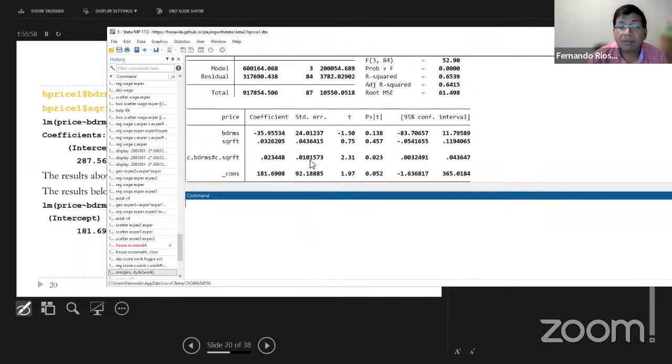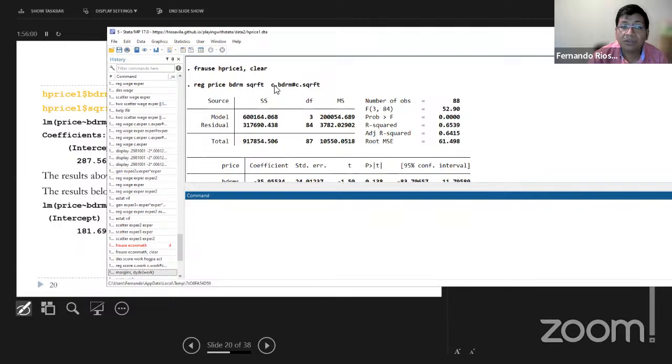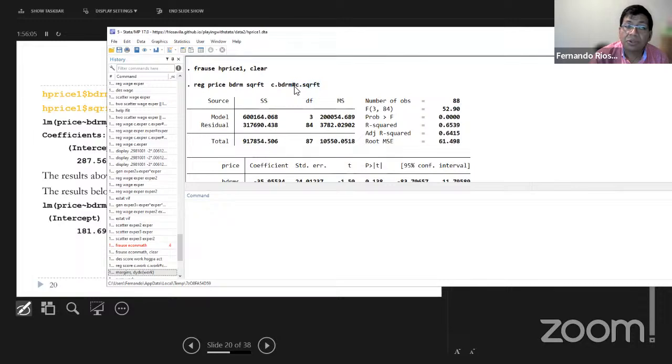So notice that because these variables are continuous, I still need to use the c. prefix to do the multiplication of both of them, using the pound function to do that multiplication.